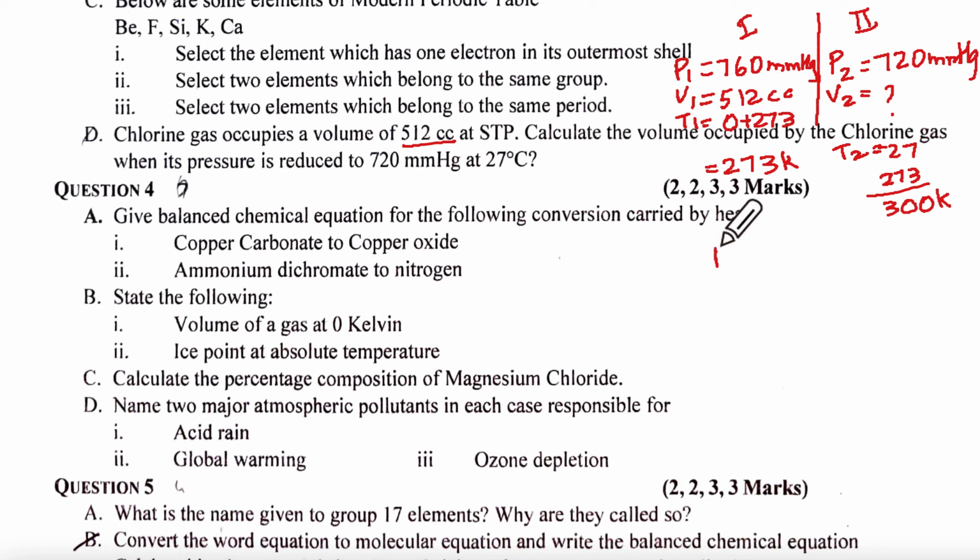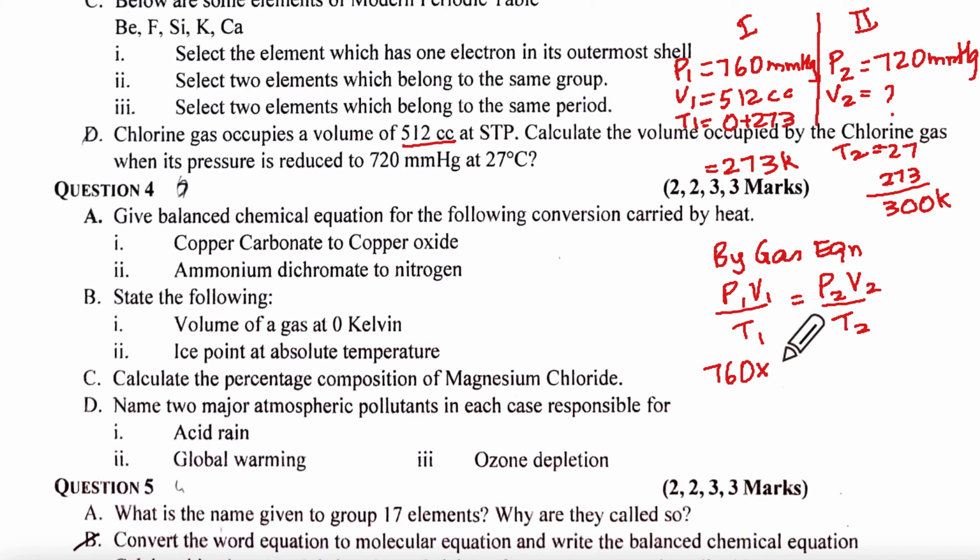Then what you will write? Tell me. By gas equation, P1 V1 upon T1 is equal to P2 V2 upon T2. Very good. So 760 into 512 upon 273 equal to 720 into V2 upon 300.